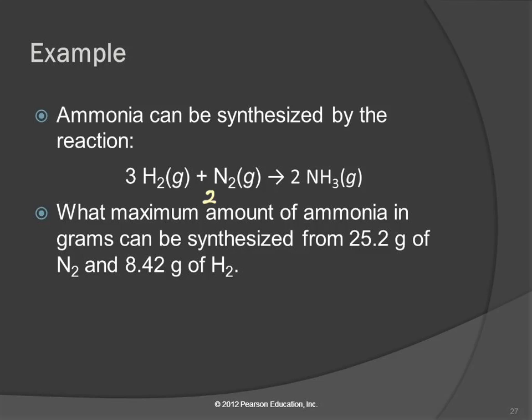So 25.2 grams of nitrogen and 8.42 grams of hydrogen. And they're asking for ammonia. Maximum amount, it's pretty reasonable to assume that they're looking for a mass in grams.